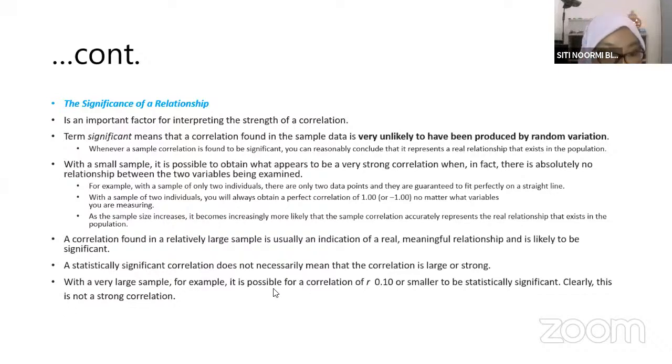With a very large sample, for example, it is possible for a correlation of r equals 0.1 or smaller to be statistically significant. In some cases, even though the correlation value you have is only 0.1 and it is significant, and based on Guilford's rule of thumb this value is considered negligible or a very small relationship, in certain research that is still limited in terms of the number of studies conducted in the area, it actually provides a very significant finding.